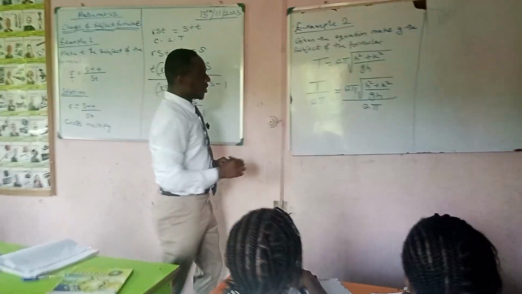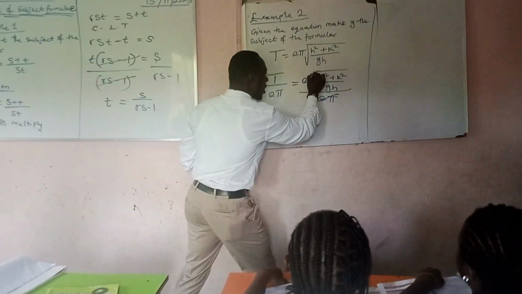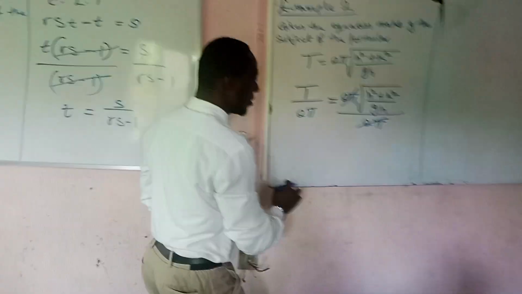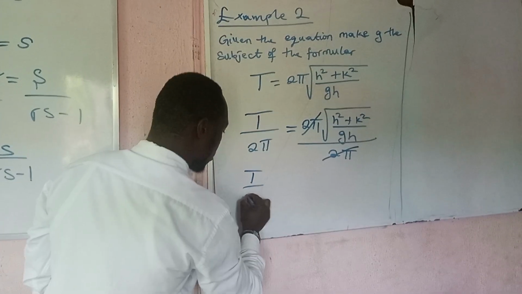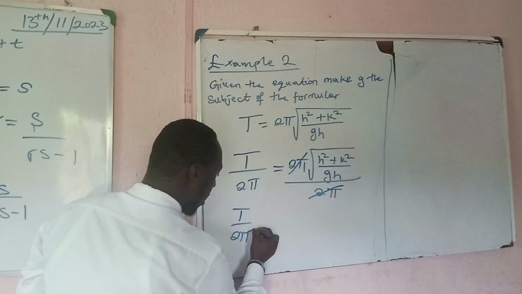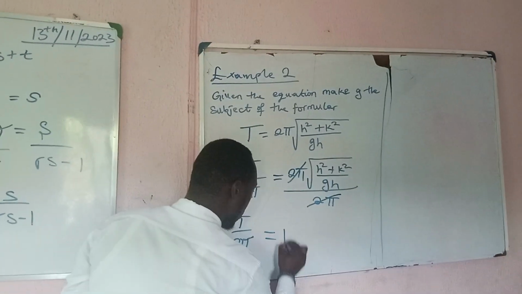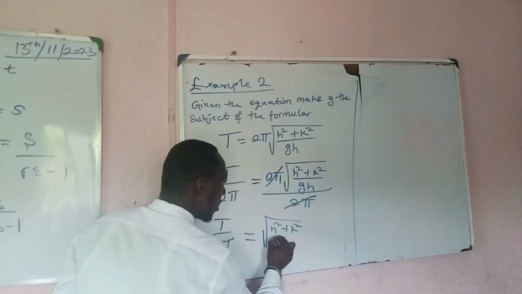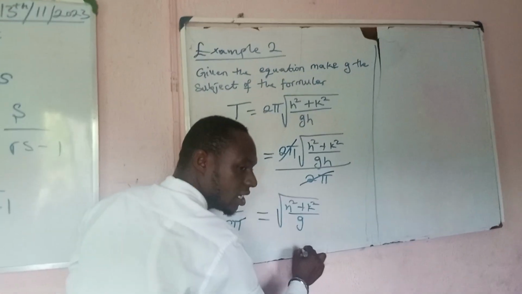So that 2 pi will cancel 2 pi, and this side remains. Now we are left with t over 2 pi equals square root of h squared plus k squared all over GH.